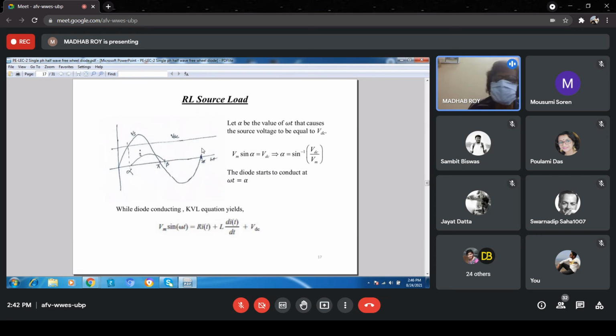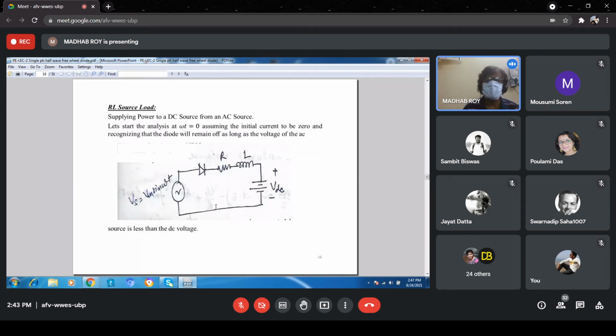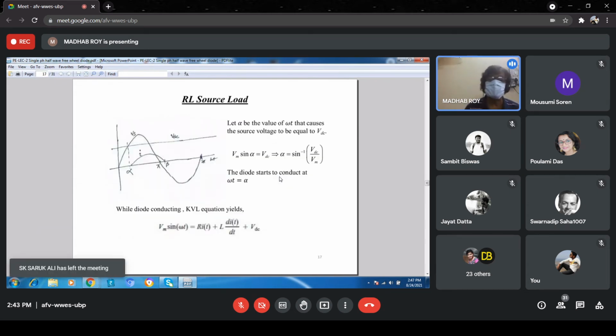So let alpha be the value of omega t that causes the source voltage to be equal to the VDC. So here the VDC can be calculated like this. Okay. Now the KVL equation, if we put the KVL into this circuit when the diode is conducting, that means the diode voltage is 0.